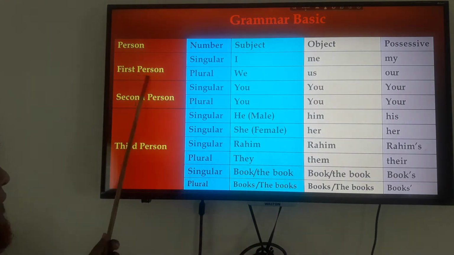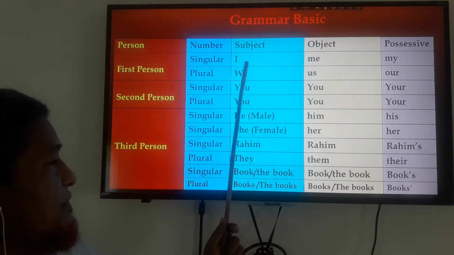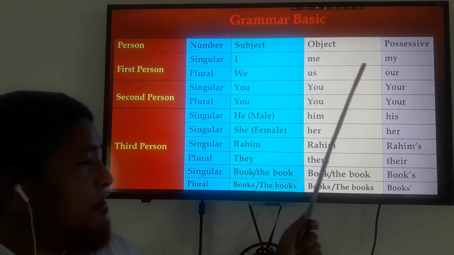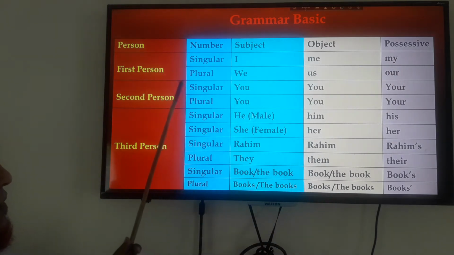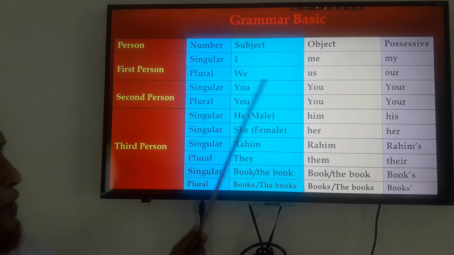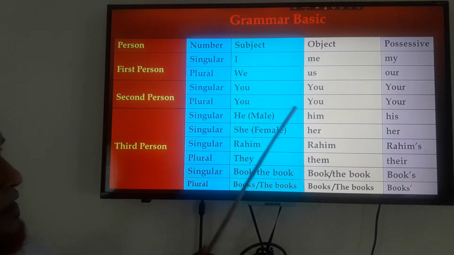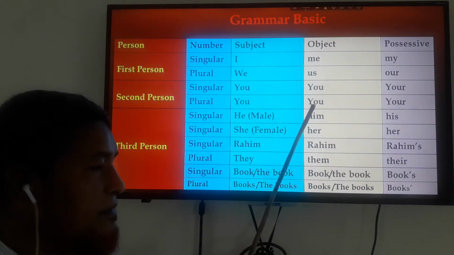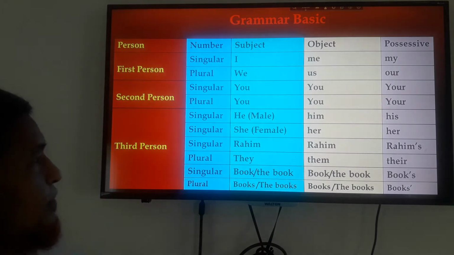So, in the first person singular number, the subjective form is I, the objective form is me, and possessive is my. In the same way, in plural number: we, us, our. And in second person, singular is you, and plural is also you. Objective form is the same, you, and possessive form is your.